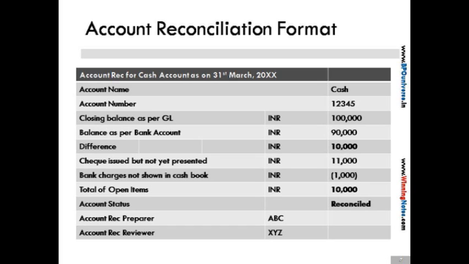Now some of the important features of a reconciliation need to be reflected in this template also. So there is a date on which the account is reconciled. There is the account name, which is properly reflected as cash account. An account number is given to the account as per the chart of accounts. Every company will have a chart of accounts which bifurcates the various accounts that it uses into different categories.